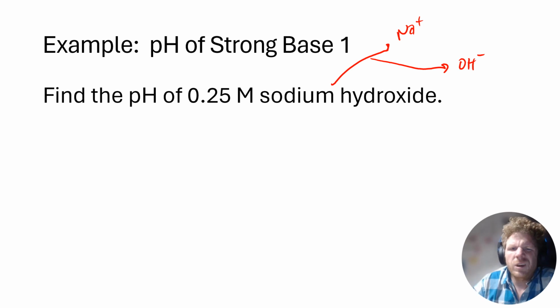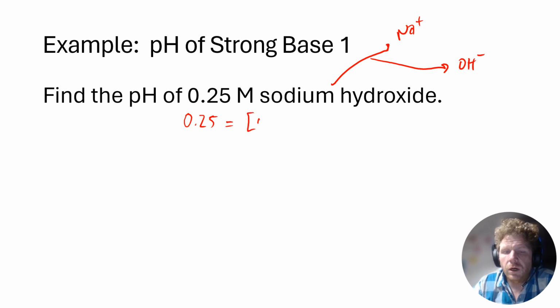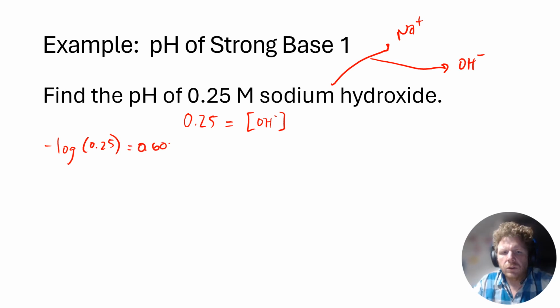We can effectively say that our 0.25 molar is equal to our hydroxide ion concentration. So we can say negative log of 0.25. Now we just did that, and we figured out that this would be 0.602.